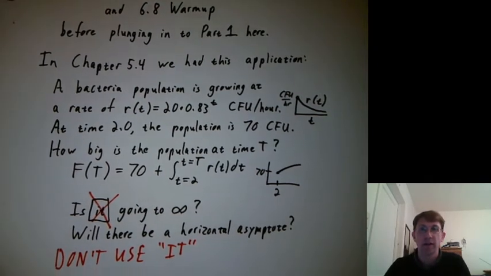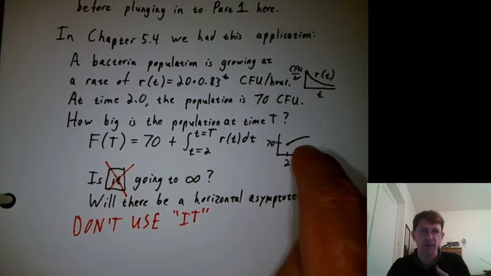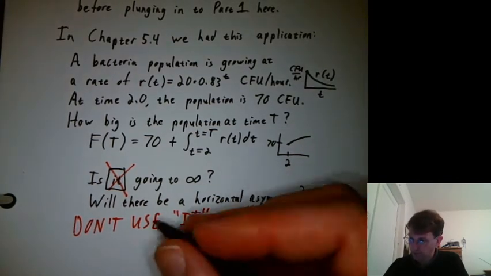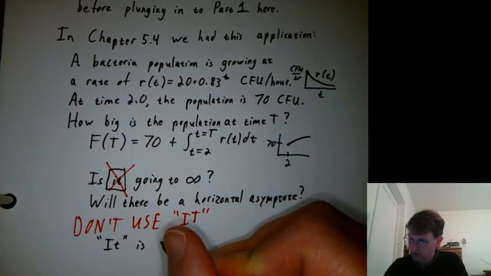The reason why is the word it is ambiguous. Does it mean this function? It's pretty clear here that that's what I meant by it. Or does it mean this function? So let's write that. So it is ambiguous.